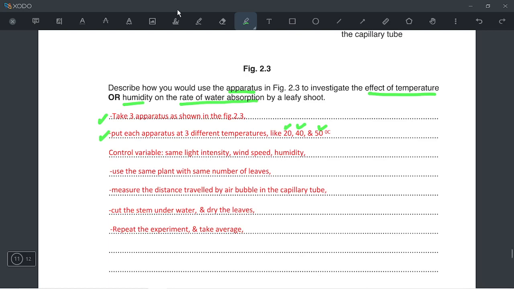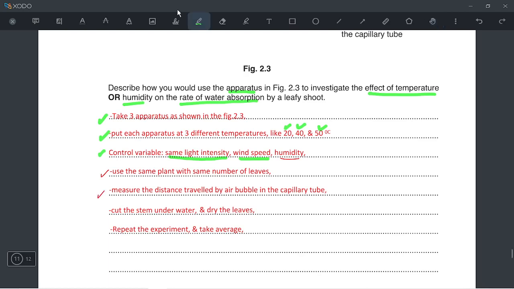The control variables are the same light intensity, and the same wind speed or humidity. Use the same plant with the same number of leaves. If we use different plant species or a different number of leaves, it will affect the result.